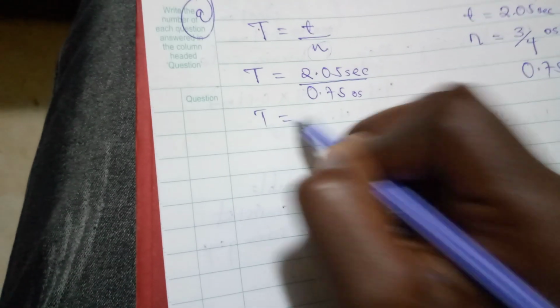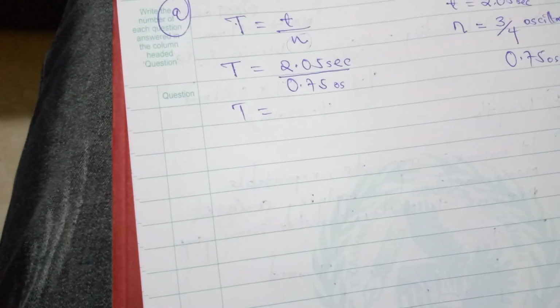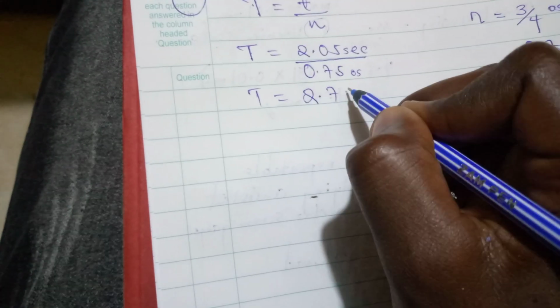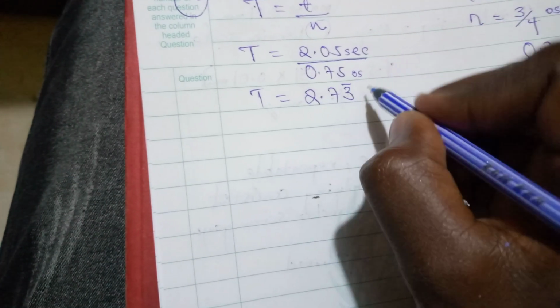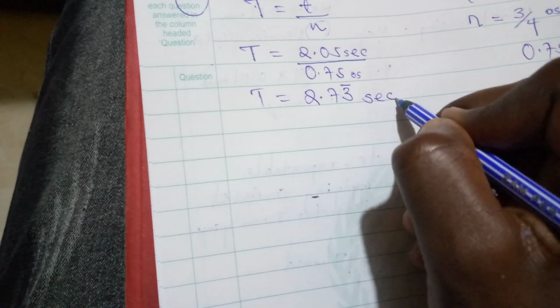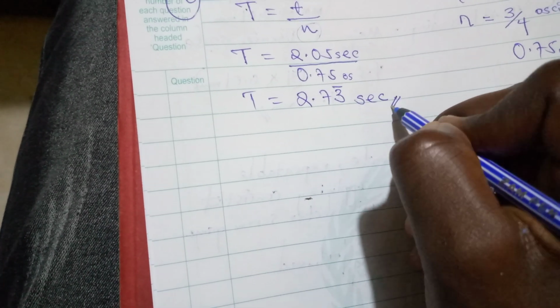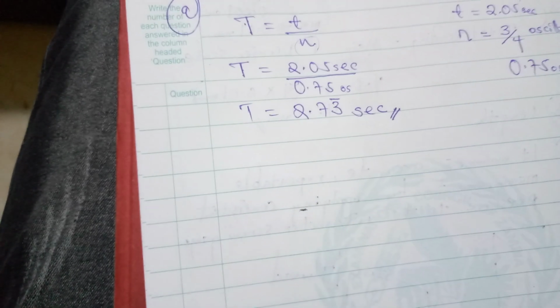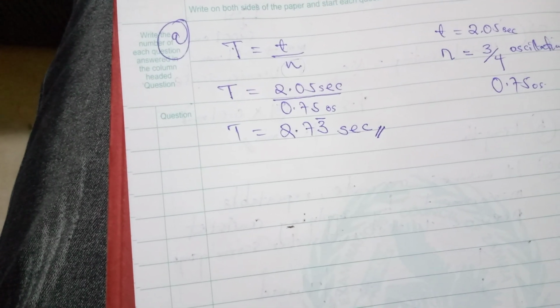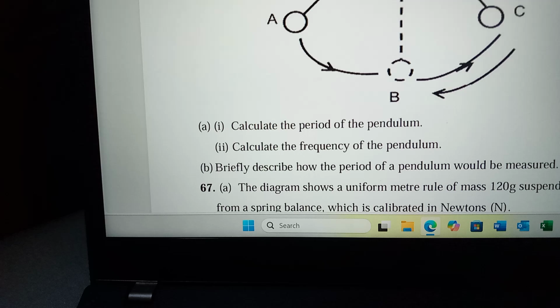So period is equal to, when you divide, you're going to obtain 2.73 recurring. The SI unit for period is seconds. So it means that you have calculated the final answer. So that is the value for period. So we proceed to the next one.